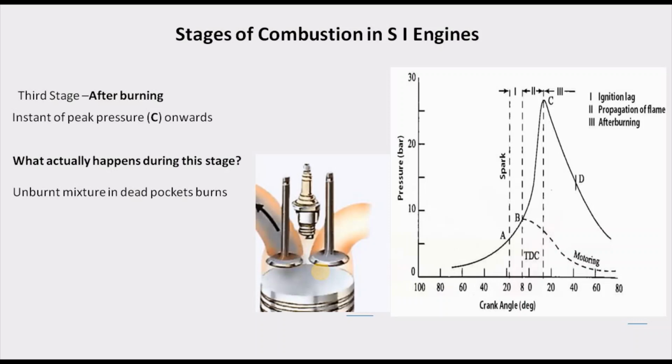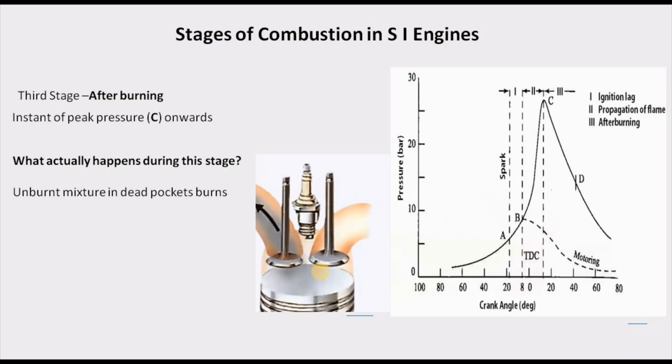because in this region the surface to volume ratio is higher, and due to the higher surface to volume ratio the heat was lost to the combustion chamber wall, and therefore the mixture was unable to reach self-ignition temperature before the flame traveled through the combustion chamber, and therefore it was unable to burn. Since it was not able to attain self-ignition temperature, it was unable to burn.